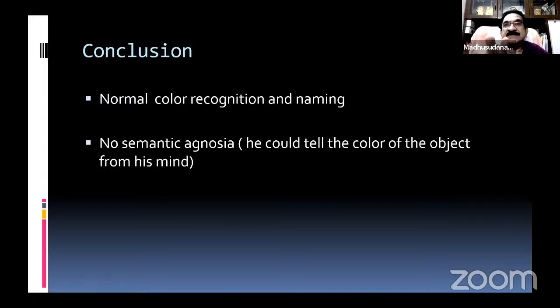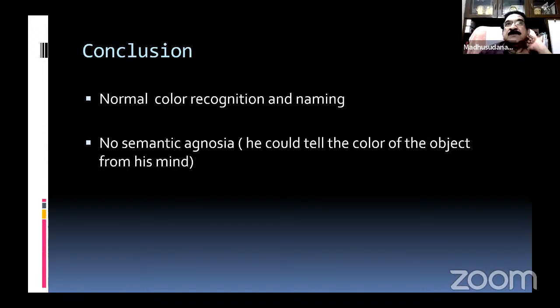It can be two things: whether that object is not in his brain at all, the semantic dimension, or it is in there, but visual information cannot reach that idea. That is associative agnosia. That is not called semantic agnosia. The first one, where the memory bank is lost, is called semantic agnosia.